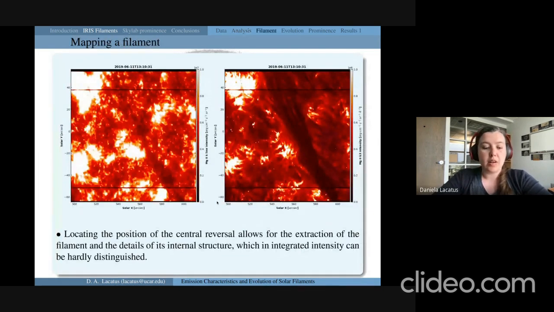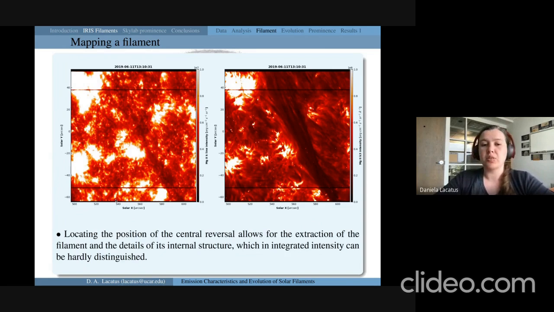So now let's see how the filament looks in these various observables. In the integrated intensity, this filament, for instance, has very unusually deep center reversals.